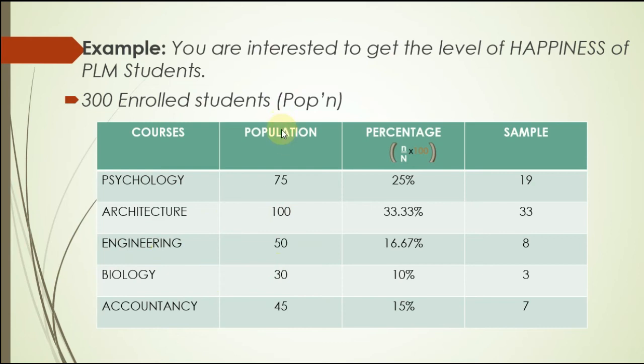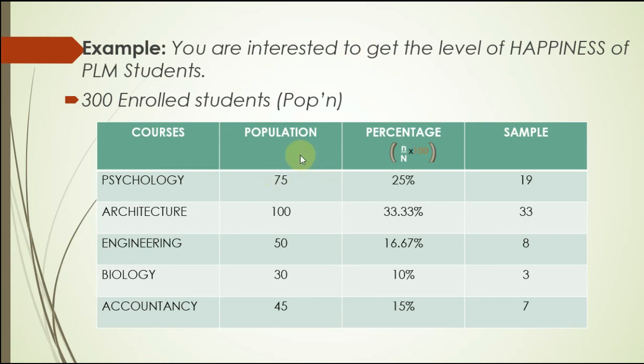Now, how will you get the number of samples you need if it is not equal? What you will do is take the population per department, or per course, divided by the number of the whole population, which is 300, times 100.